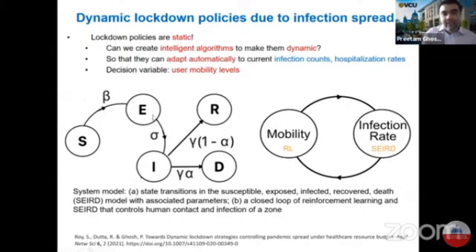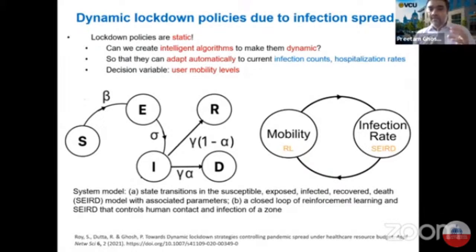So just a pictorial view, of course, we are still running an SEIRD model because this is futuristic, right? So we are running a simulation to basically say how the infections are gonna happen in a specific place. So we were looking at New York City with its 5 different boroughs and all of that. Now we have a reinforcement learning model over here and an infection rate SEIRD model.